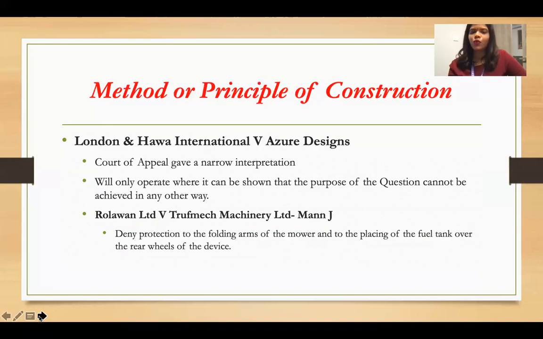So this is why, in the method of construction or the principle of construction, the court held that if this is the only way, yes, you can. But if you have so many other ways, like, for example, in the case of Rolla One, you can put it on the fuel tank, you can put it at the back of the tire, or you have a few other places, I won't protect.